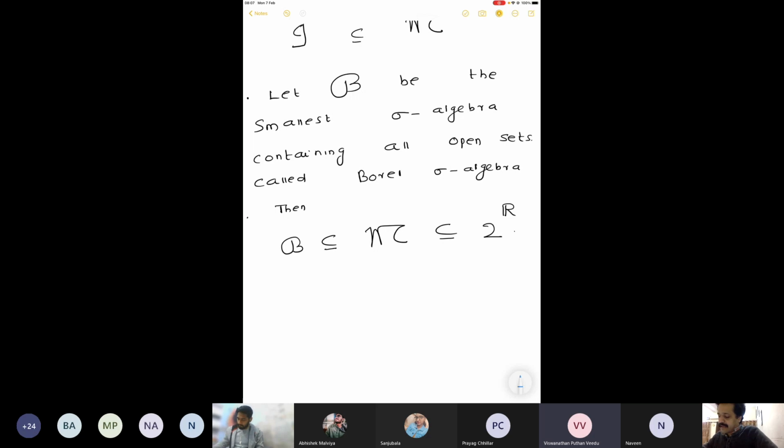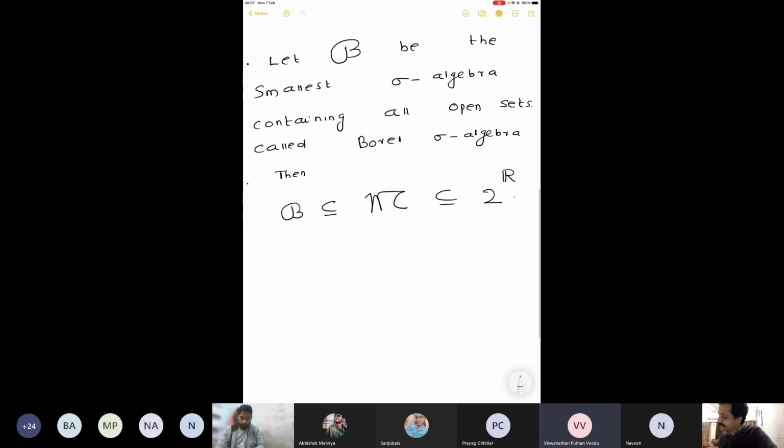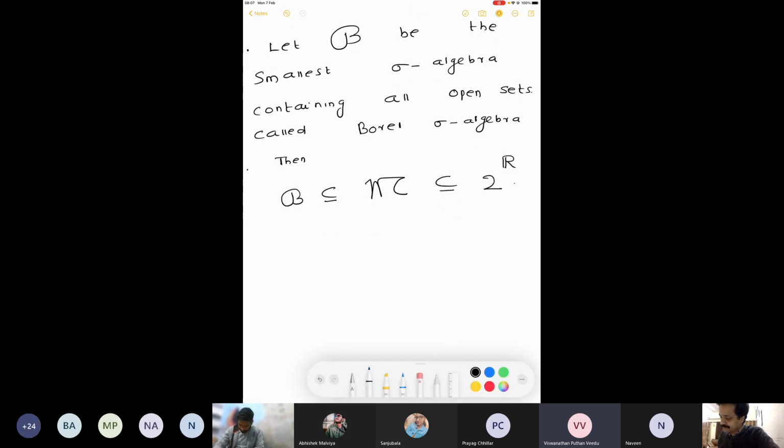Now, one question. How do you know that a smallest sigma algebra containing open sets exists? I think I have commented on this as well. No, I am asking you, how do you know that a smallest sigma algebra containing all open sets exists?